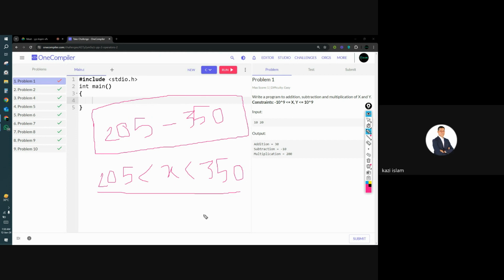Oh yeah. So now K is bigger than 205, but it's less than 350. What will be the values? So it's 206 to 349. Oh, exactly. Okay.